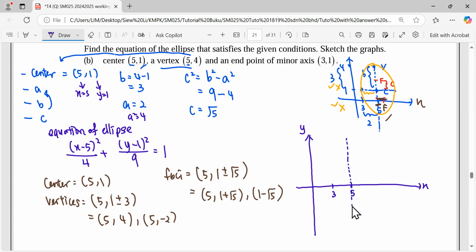My major axis is at 5. Minor axis at 1. So the center is at (5, 1). So the minor axis is here.